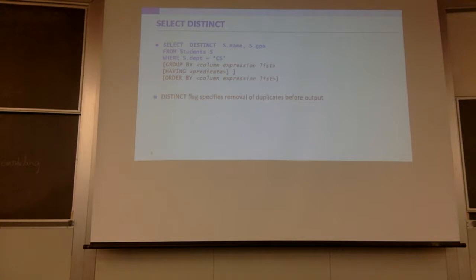Even if the students table doesn't have duplicate records for one student, you could still end up with students with the same name and the same GPA in the end. It just happens. Or what makes more sense to me is that in this students table you might have duplicate student records.